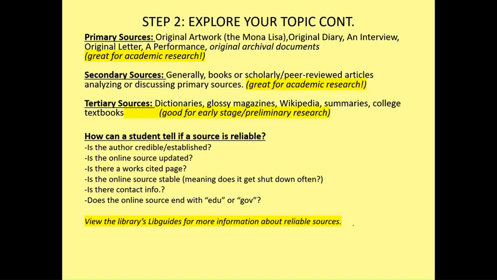If it's online and it has updated dates, and it looks like somebody is continuously keeping the website up to date, that usually means it's reliable. For a book, if you have a works cited page, that usually means it's well researched. Experts have written for the book or contributed to the book, so that's a good sign. And view the library's LibGuides for more information about reliable sources.